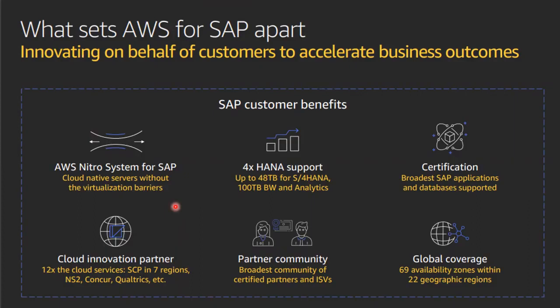In terms of virtual machine support, you have 4 times HANA support. You can have an instance with 48 terabytes of memory for S4 HANA, and a cluster which supports up to 100 terabytes of memory for analytics OLAP workload.